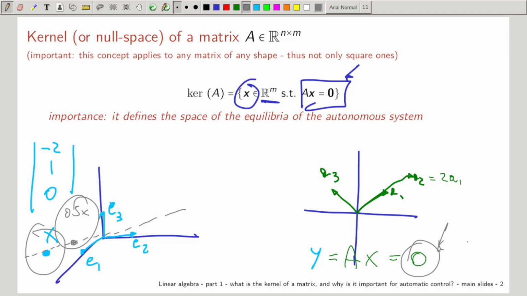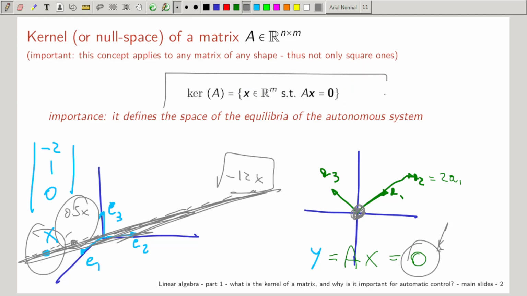And if I take minus 12x, that is minus 12 times a cause. The effect is going to be minus 12 times that effect. Minus 12 times 0 is going to be 0. Perfect. All this stuff here gets mapped into this. We are together, people, true? Kernel of A: all the stuff in the domain that in the codomain gets squished into 0. True?